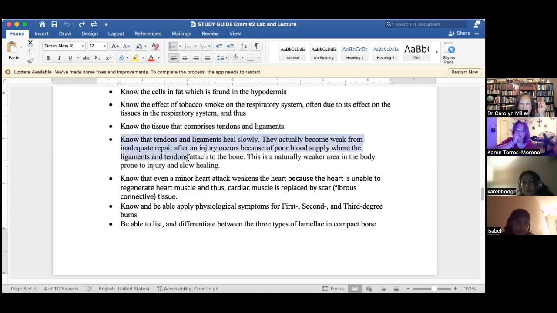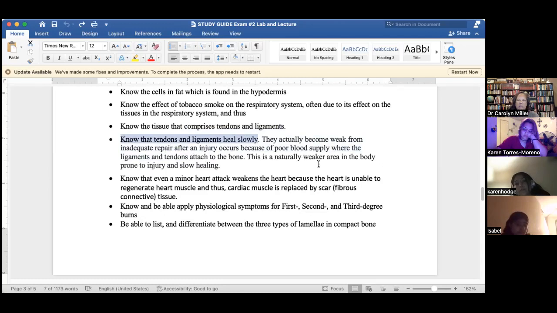Know that tendons and ligaments heal slowly. They actually become weak from inadequate repair after an injury, which is why, whoever that ball player is, Aaron Rodgers, whoever, that tore his Achilles, because of inadequate repair due to the poor blood supply where the ligaments and tendons attach to the bone.